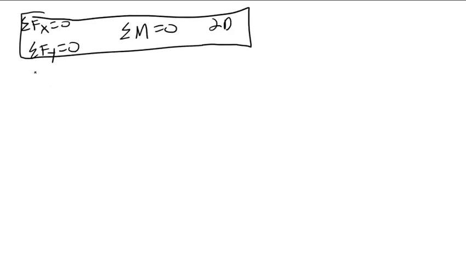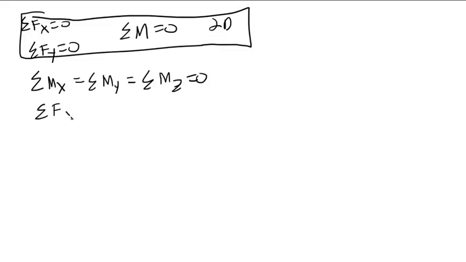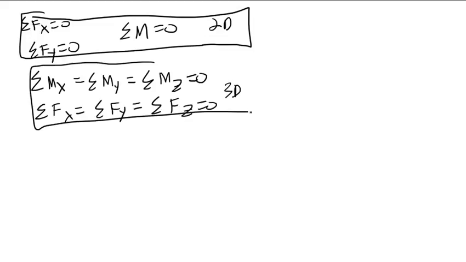And then for 3D, we simply add another force and 2 other moments. Sum of moments x equals sum of moments y equals sum of moments z equals 0, and sum of forces in the x equals sum of forces in the y equals sum of forces in the z, also equal to 0. And this is the 3D. But this is just obviously a brief repeat from last time.